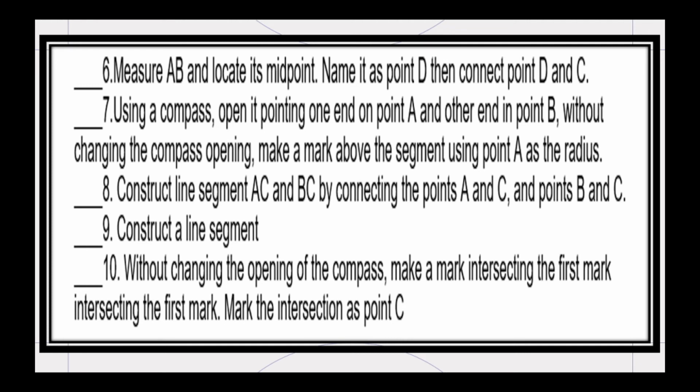Construct line segments AC and BC by connecting points A and C and points B and C. Number 9. Construct a line segment. And number 10. Without changing the opening of the compass, make a mark intersecting the first mark. Mark the intersection as point C.